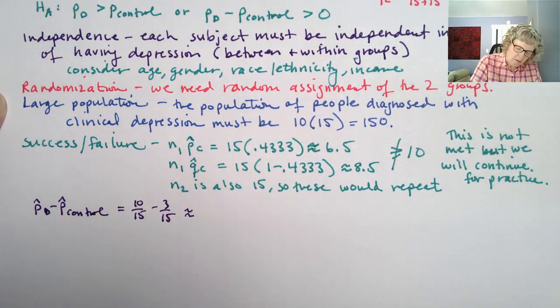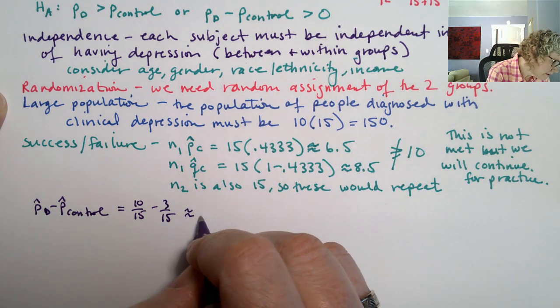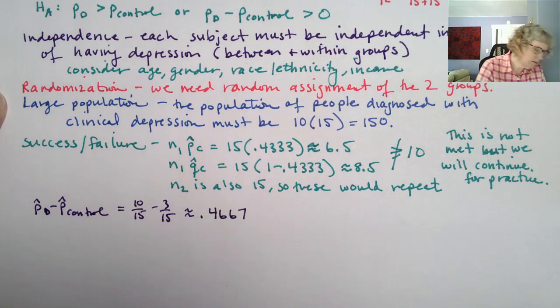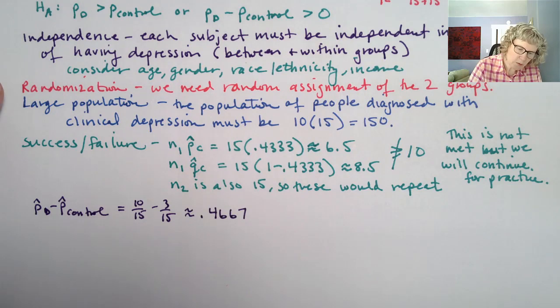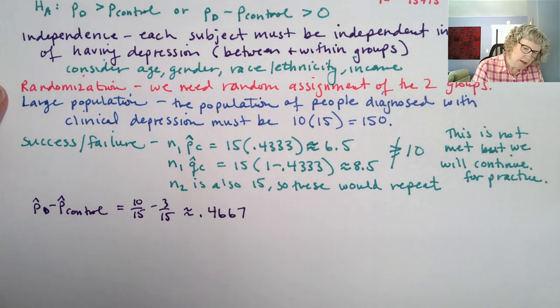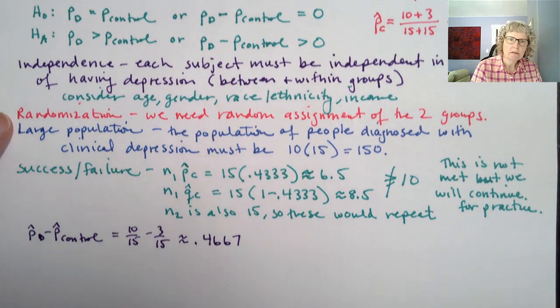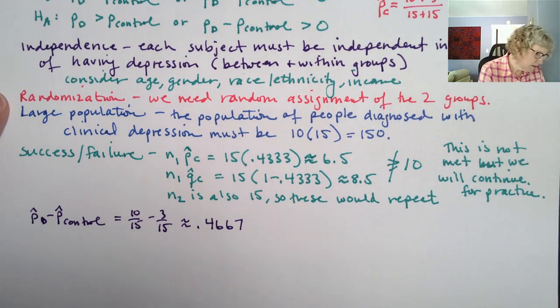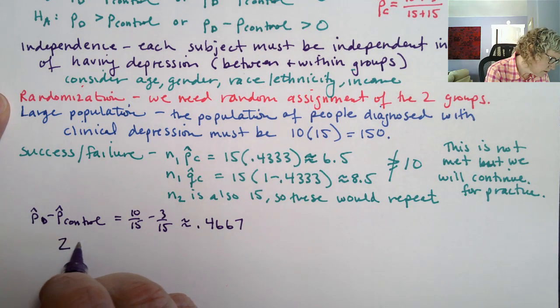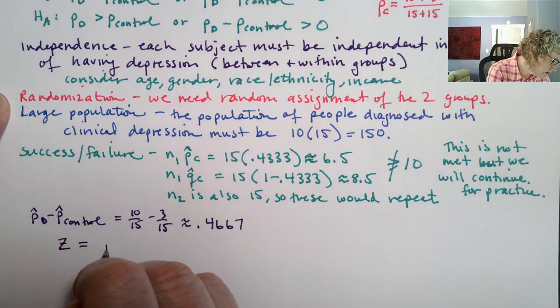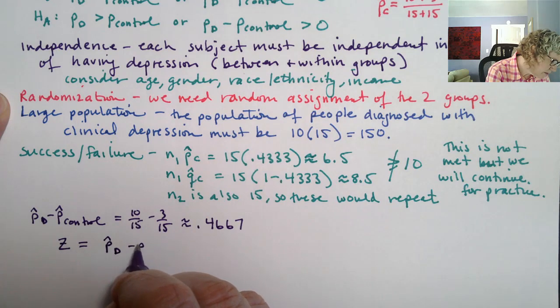That's interesting. 0.4667, sorry, just keeping 4 digits. And then we have our p hat c up here. So let's write our z-score. Our z-score equals our p hat dolphin minus p hat control.